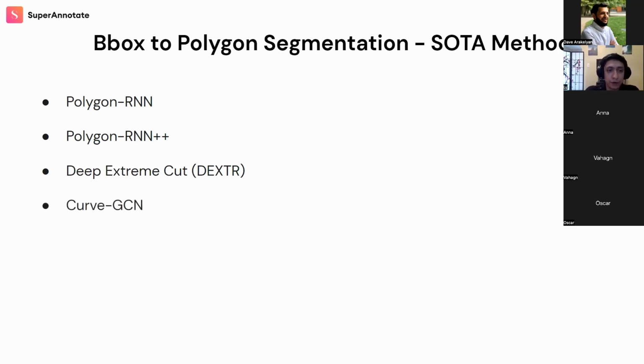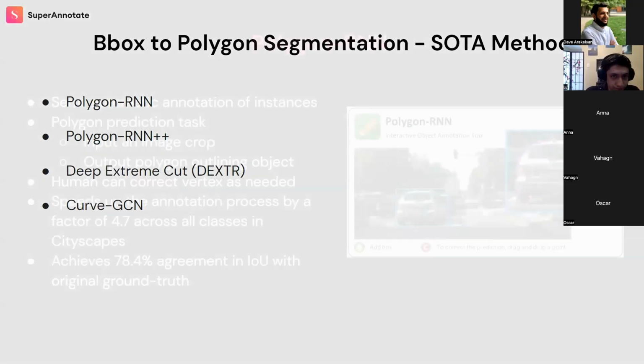And then finally, we have Curve GCN, which is a graph convolutional neural network, and it does something different than the previous methods. I think currently, or at the time of its inception, it was one of the best methods around for this type of work.